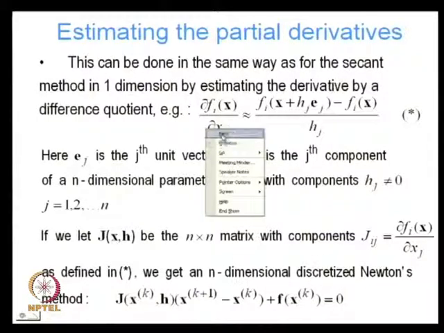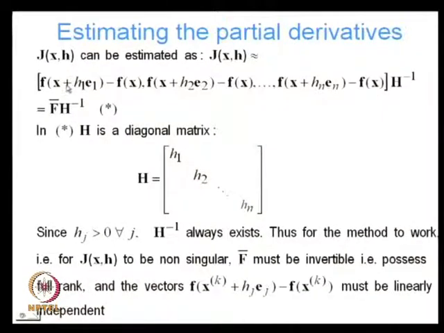So, let us take a look. That is f1 of x plus h1 e1 minus f of x, and then the next row will be f2 of x plus h1 e1 minus f of x, and the first row, second column will be f1 of x plus h2 e2 minus f of x.